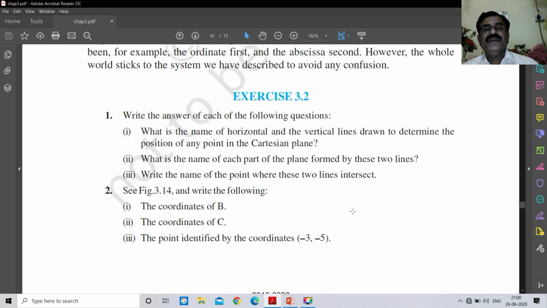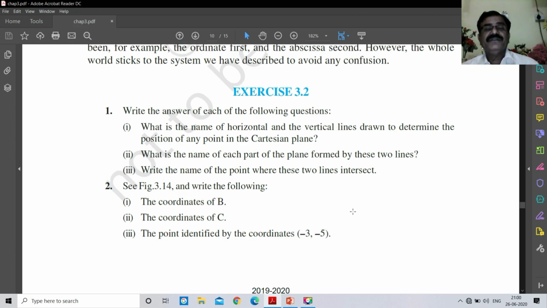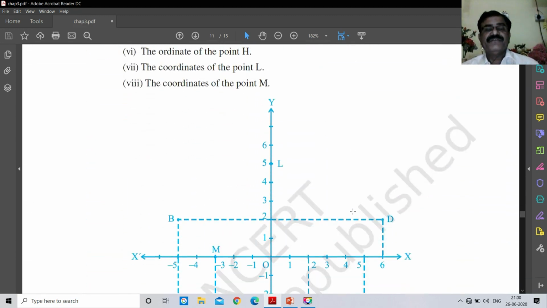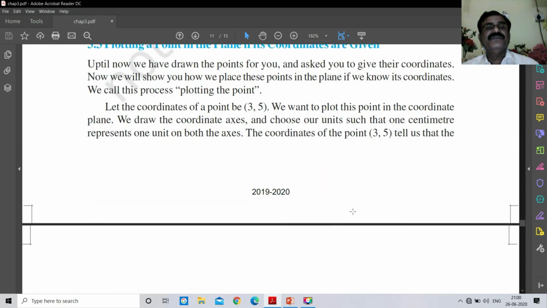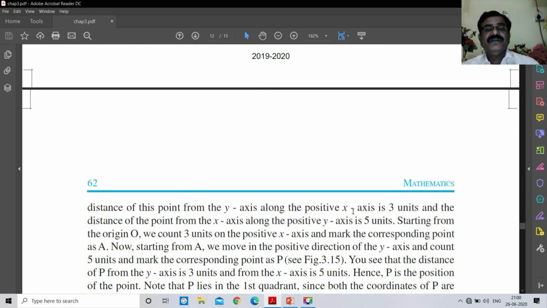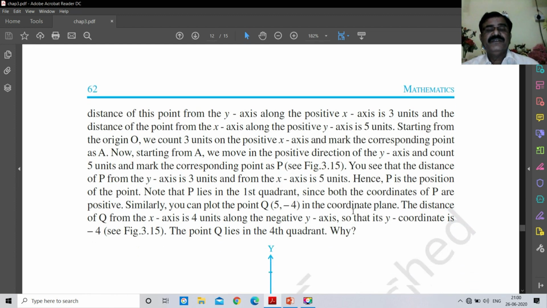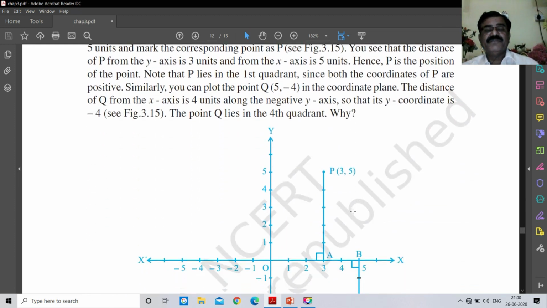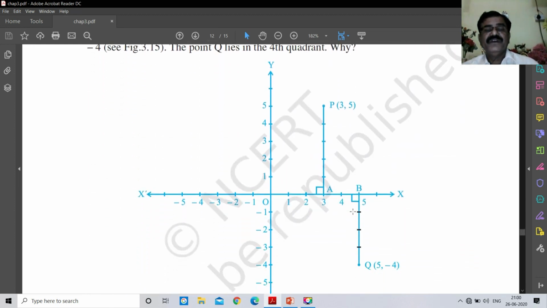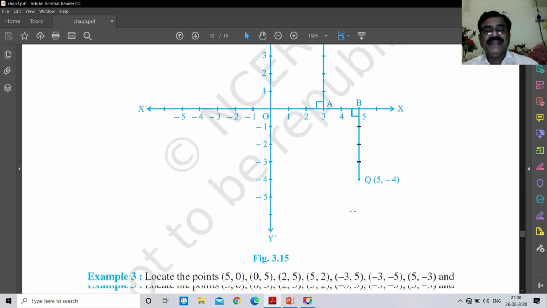Now by understanding these facts, I think you can solve the questions of exercise 3.1 and 3.2 also. And students, first of all, you watch the videos, and after that you start to solve the questions, that is, plotting the graph and locating a point in the xy plane.